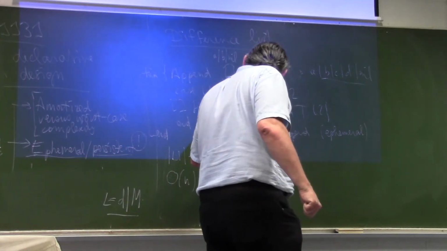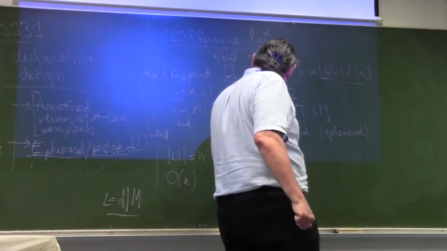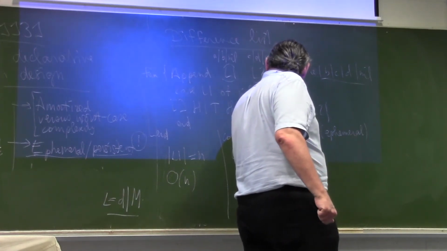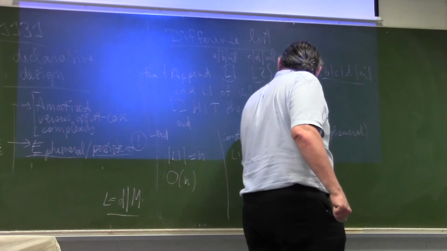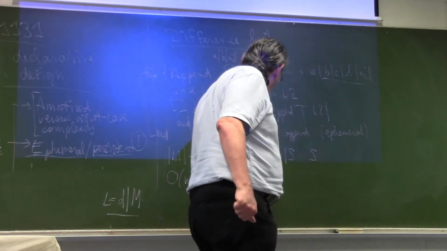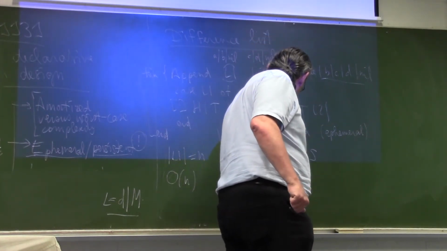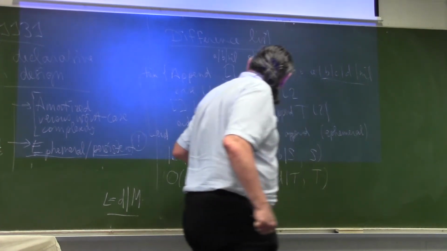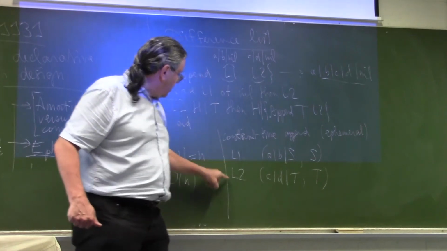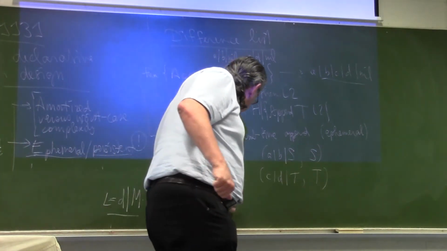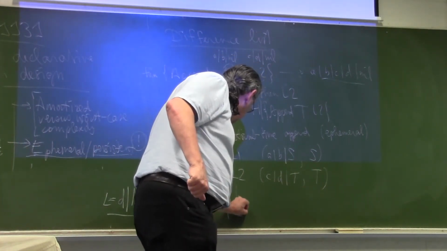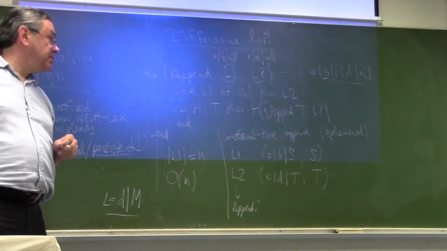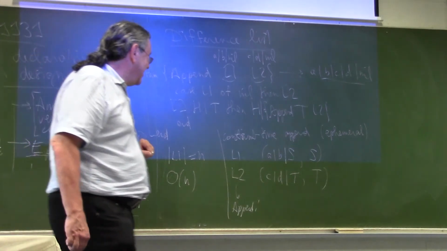So if I have my L1, which is represented like this, A, B, let me call this one S, S, and L2, which is C, D, T, T. So these are two different lists for the same L1 and L2 as here. If I want to now do the append of these two, what do I do? It's actually very easy, but I can only do it once.